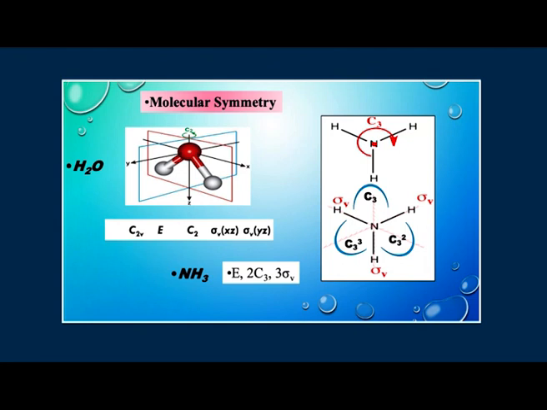The central point indicates the principal axis, and each sigma V passes through the nitrogen atom and one of the hydrogen atoms, also bisecting the angle between the other two NH bonds. Hence, the total 6 operations possible for ammonia are E, 2 types of C3s and 3 types of sigma V's, which are grouped together and named as a C3V point group.